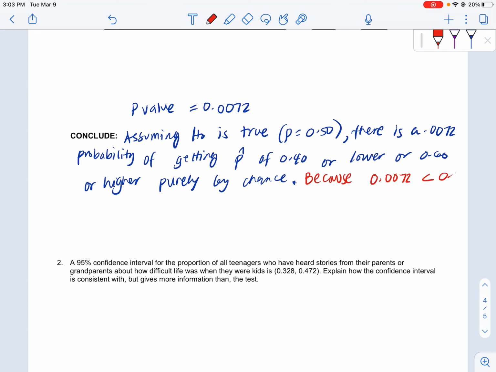And then, because this is our conclusion part, because 0.0072 is less than 0.05, we reject the null hypothesis. We reject that H0 is 0.50.